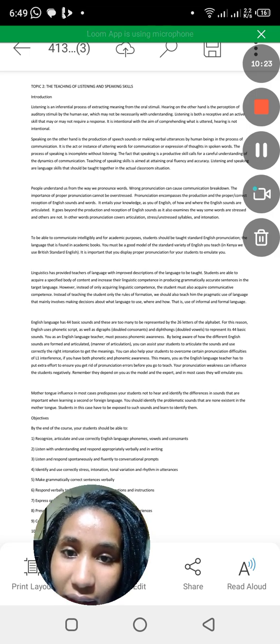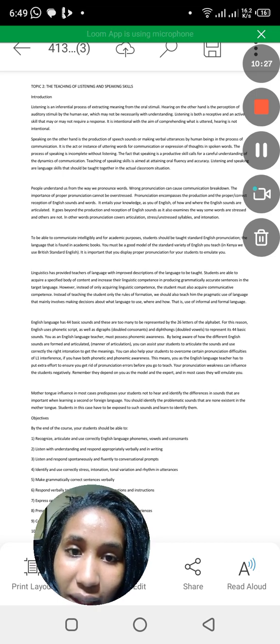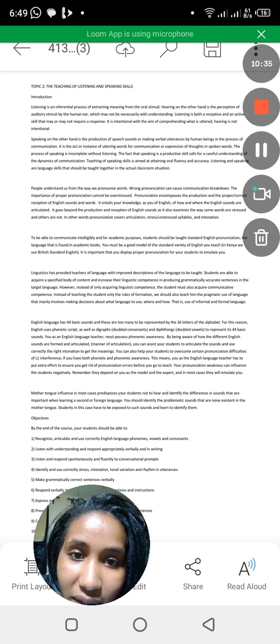The fact that speaking is a productive skill calls for a careful understanding of the dynamics of communication. Teaching of speaking skills is aimed at attaining oral fluency and accuracy. Listening and speaking are language skills that should be taught together in the actual classroom situation.